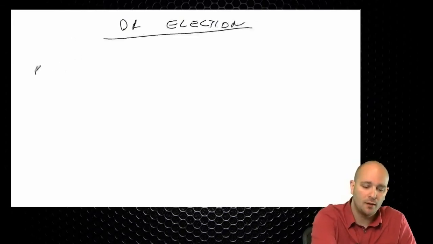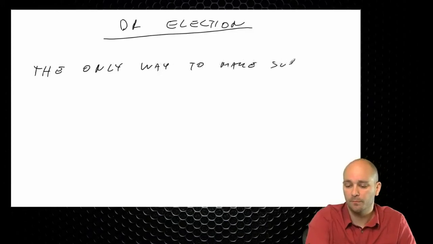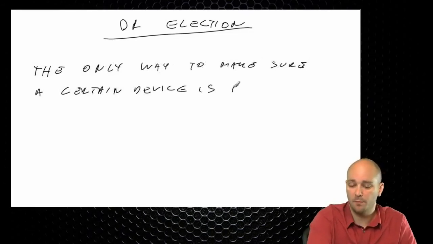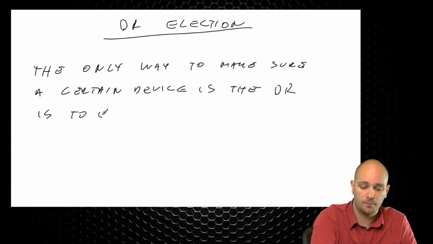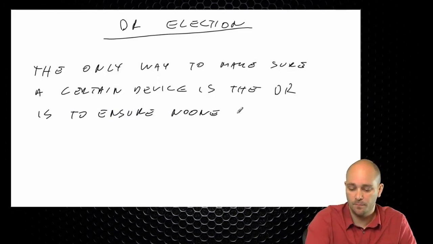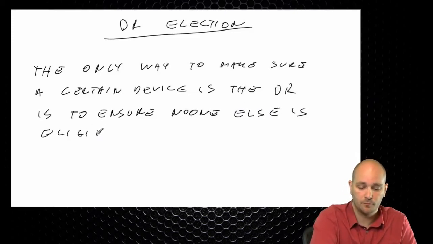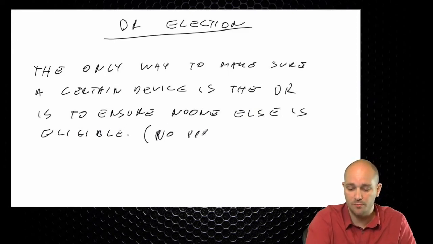The only way to make sure a certain device is the DR is to ensure no one else is eligible. Why? Because of the preemption. So I'm going to repeat that, no preemption.